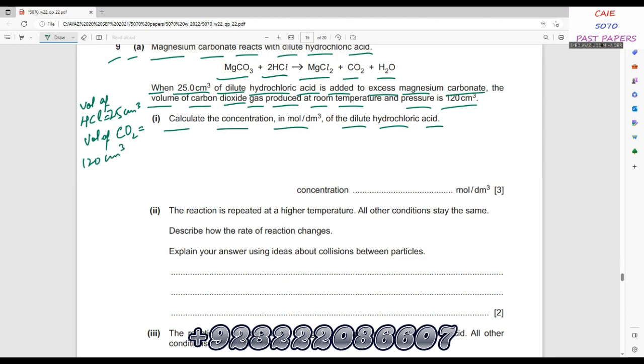We know that at RTP, all gases occupy a volume of 24,000 cm3.